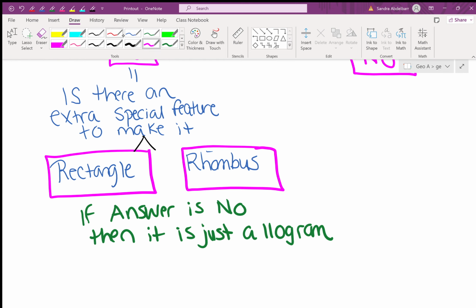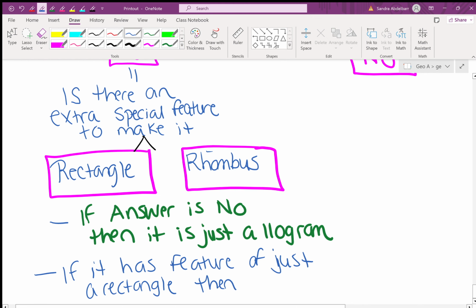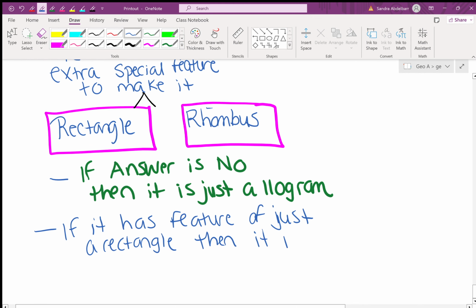If it has a feature of just a rectangle, then it is only a rectangle.